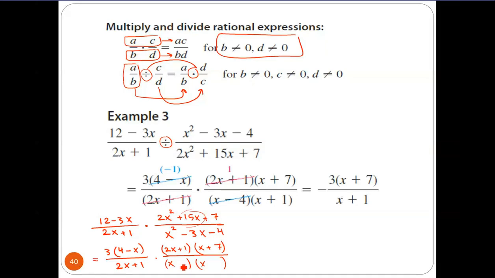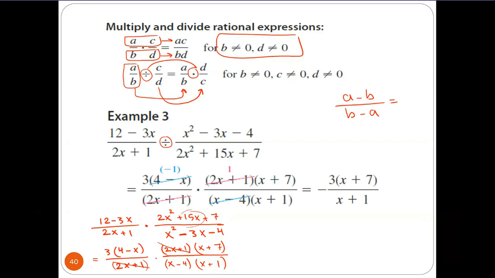Because we have negative, the bigger number is negative, so x minus 4 and x plus 1, like this. Now we have 2x plus 1, we can cancel with 2x plus 1. And we have 4 minus x with x minus 4. If we cancel a minus b with b minus a, what's the value?